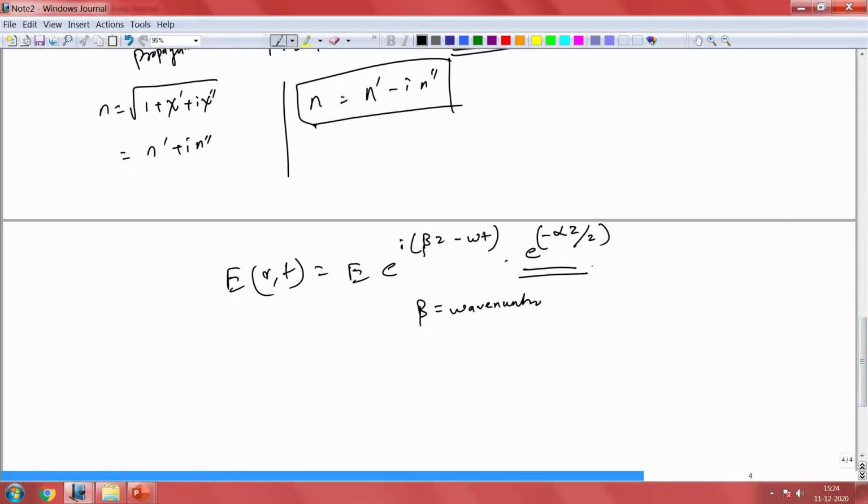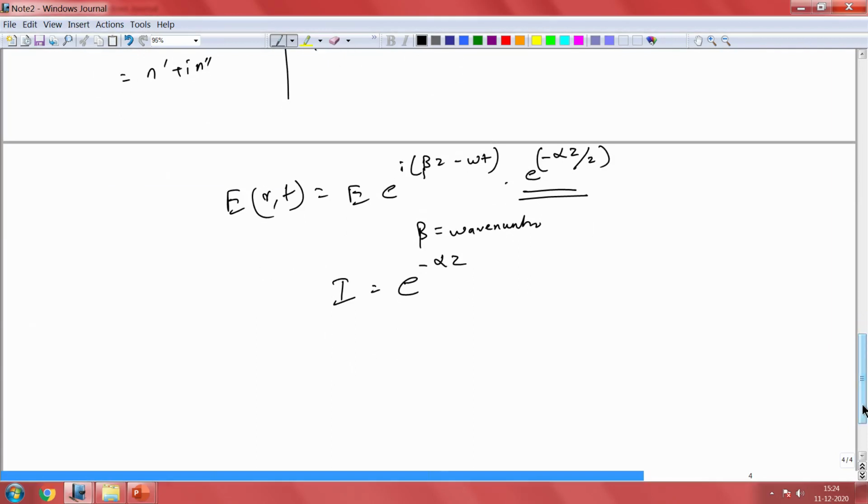This is the damping factor, and your intensity of light is going to damp at this particular rate. This is how your intensity is going to reduce as you move along the propagation direction. If this is I, then it is an exponential decay along z with slope alpha. This is what will happen when light propagates through a lossy medium.